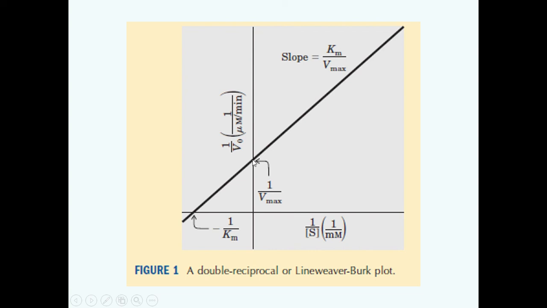The reciprocal of the y-intercept gives the maximum rate of reaction, and the reciprocal of the x-intercept gives the value of the Km. So by using the Lineweaver-Burk plot or the double reciprocal plot, we can more accurately determine the value of Vmax, and therefore determine accurately the value of Km as well.